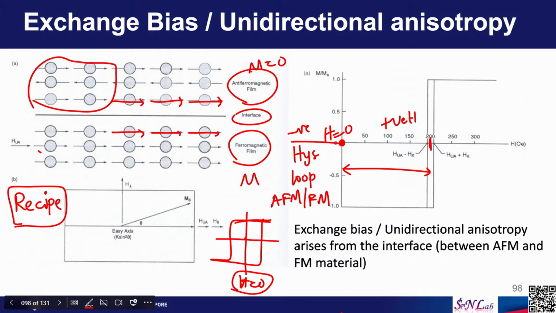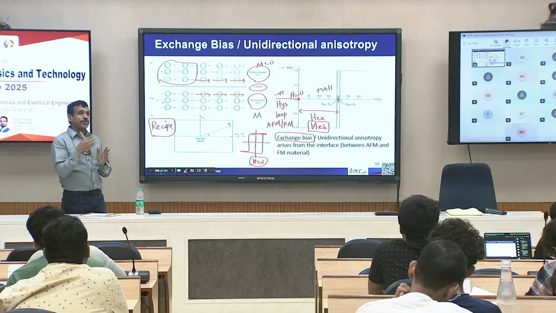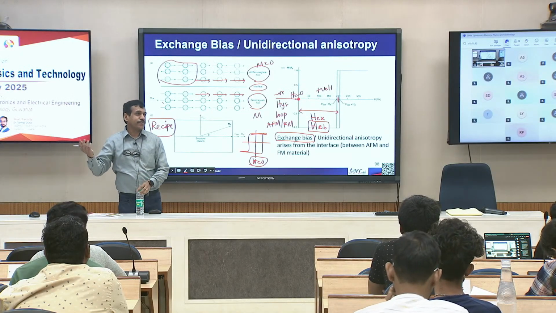Okay. So for this field, people use different terms. Some people use HEX or HEB. Okay, let us use this term HEB, where EB stands for exchange bias. Bias means what? Bias, you know, right? You are not in the center, you are not taking a neutral decision, you are biased to one side.